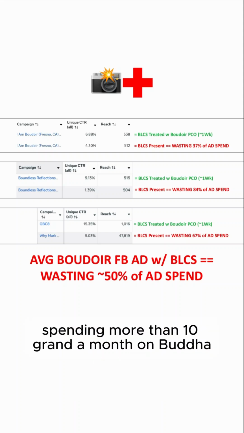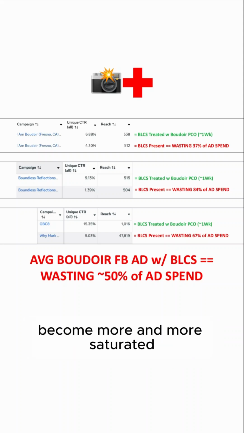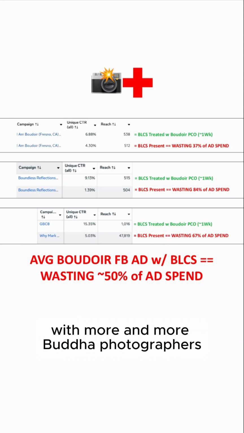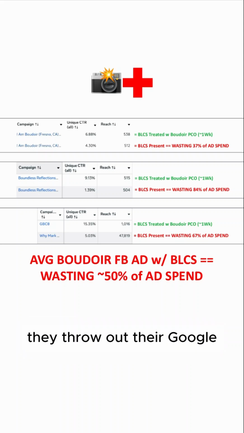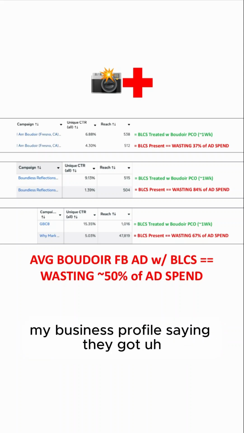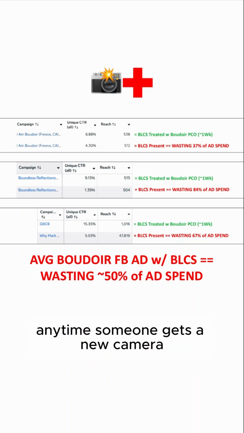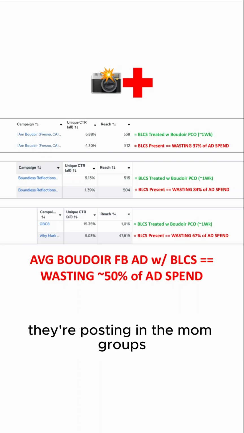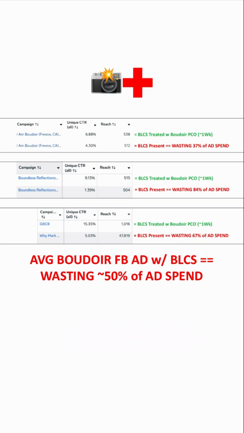You're spending more than 10 grand a month on Boudoir Facebook ads, and you're seeing the marketplace become more and more saturated with more and more boudoir photographers day after day. Seems like anytime someone gets a new iPhone, they throw up their Google My Business profile saying they're now a boudoir photographer. Anytime someone gets a new camera, they're posting in the mom group saying they're now a boudoir photographer and offering sessions. So you see it's getting more and more competitive.